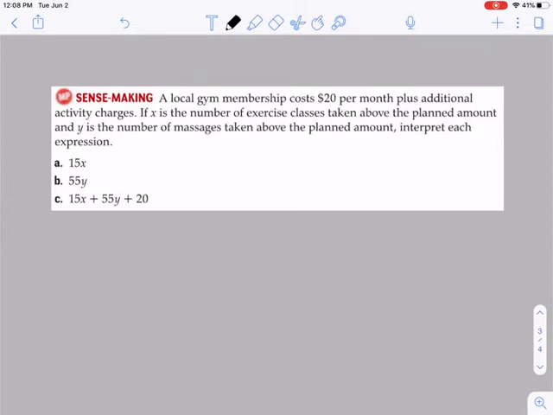Interpret each expression. And I'm just going to be completely honest with you on this example. When I was reading through this, I didn't know that anybody could get that many massages in a month. And when you see this, you'll know what I mean. So this first expression, 15x, this x stands for a number of exercise classes, right? So 15x would mean that the person took 15 exercise classes.